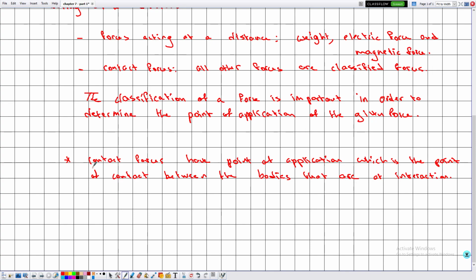So notice that contact forces have a point of application, which is simply given by the point of contact between the two bodies that are at interaction.